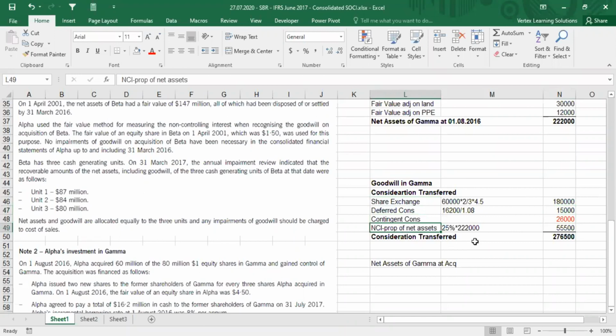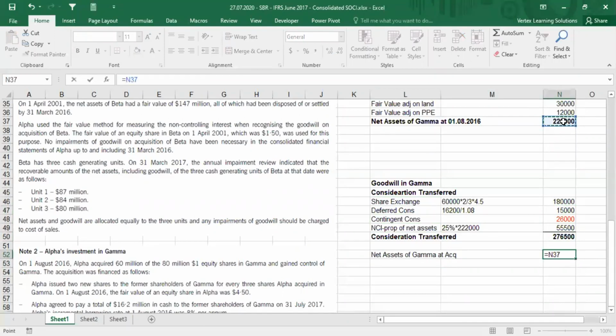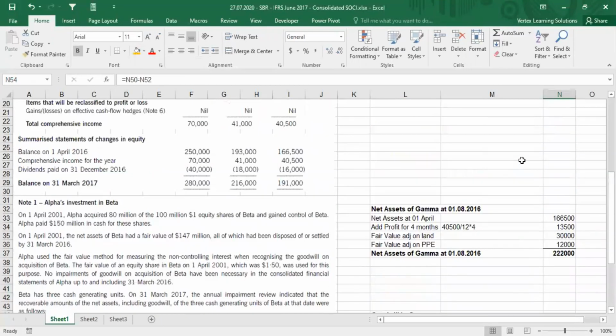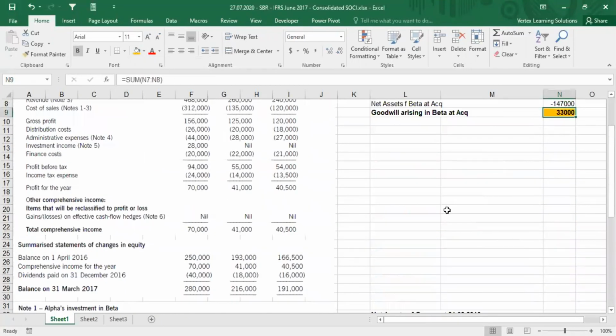And then once you do that, we need to calculate our goodwill. So now we know that consideration transferred is 276 and net assets, of course, are this one. And I can say here, goodwill in gamma will be the difference of these two. So this number we need, 54,500, 54.5 million. And the goodwill here was 33 million.